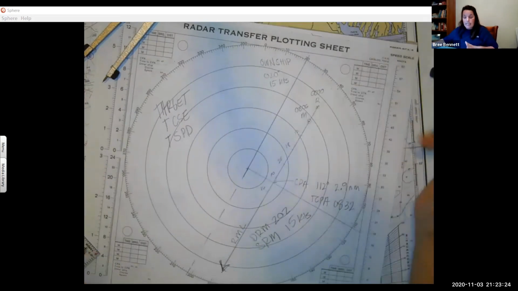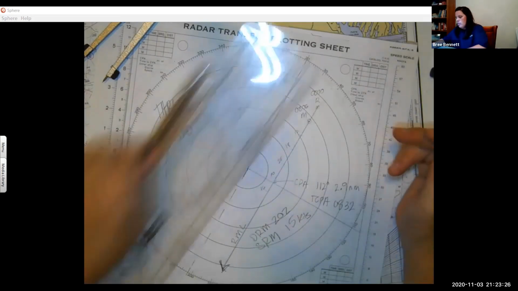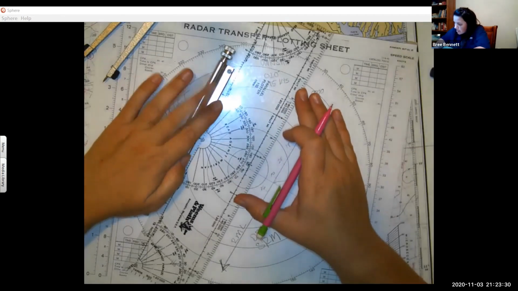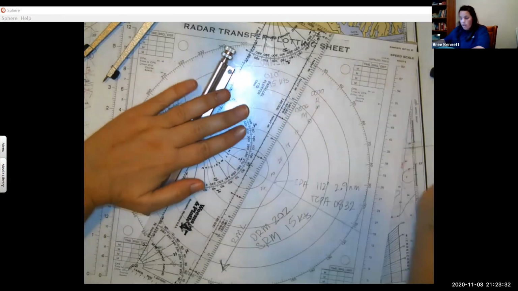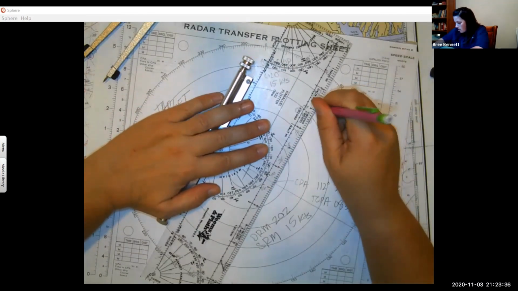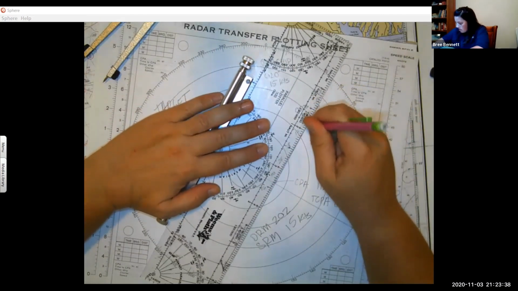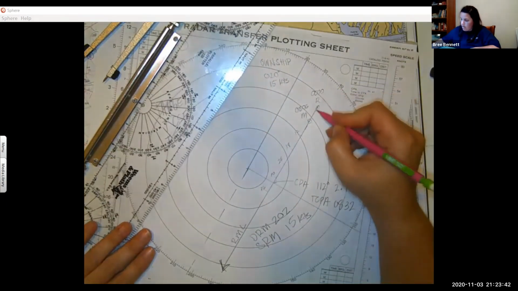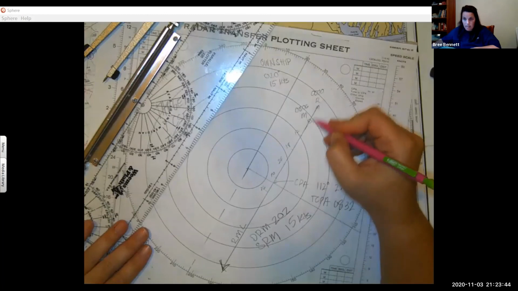Okay, so we're going to plot E. So we use our own ship's heading line. And we go from R back. So it is right on our relative motion line.